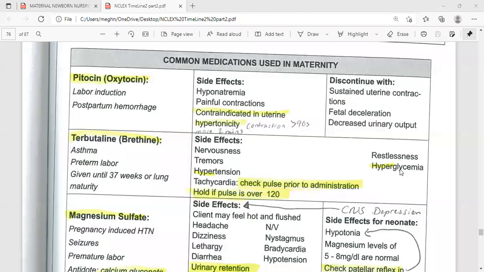So terbutaline also can cause some drug and drug interaction. Before taking this medication or before prescribing this medication, tell your healthcare provider if you have had, or if your patient has had, heart disease, abnormal heartbeat, ischemic heart disease, or very high blood pressure, it is good to avoid.